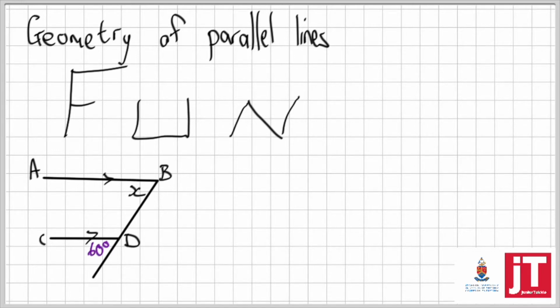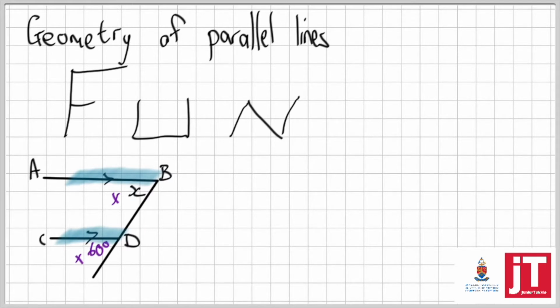Well, this is actually quite easy because I'm going to start by highlighting my parallel lines. I'm going to look at my F, which is the first one. It's just flipped around. And it says that angle B is equal to that angle at D, that's 60 degrees. And that's as simple as that.